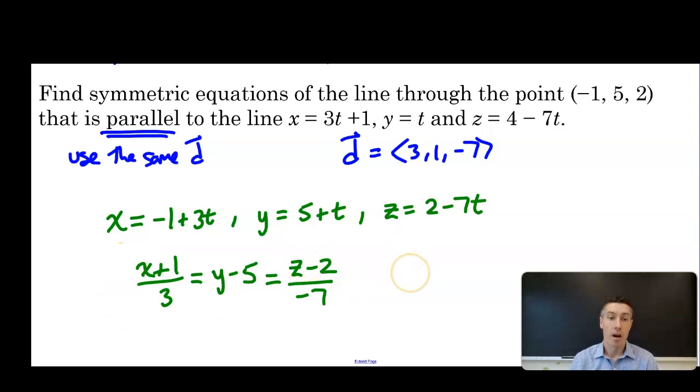And there we have our set of symmetric equations that represent the line based on the information that they gave us. Okay, so we wrote parametric, vector, symmetric. Symmetric is probably the one we use the least, but we have to get equally as comfortable because when we're presented with a problem, they could really use any of the forms for the equation of a line in 3-space.